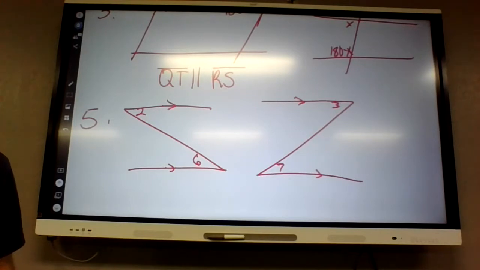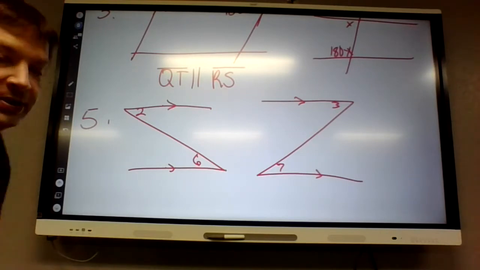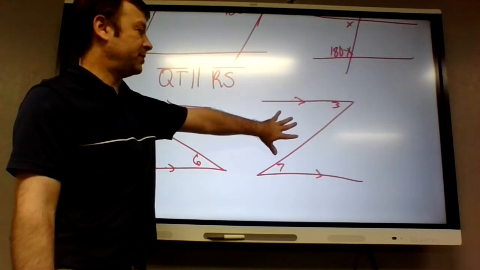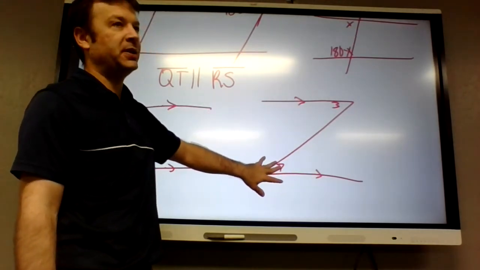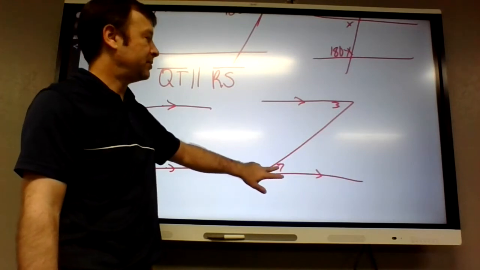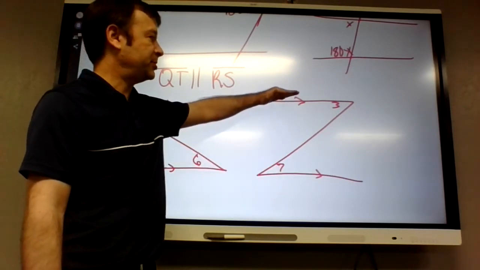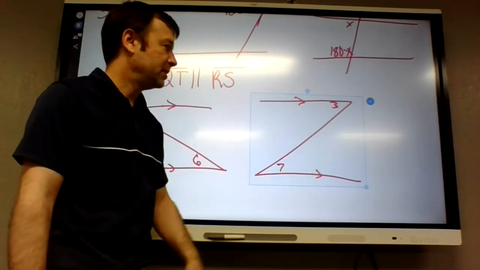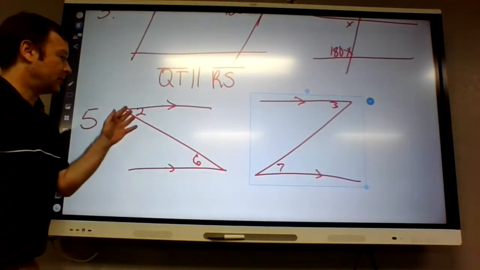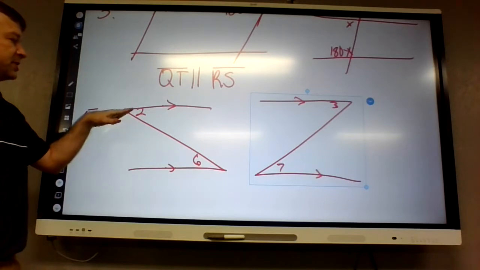Okay. Number 7, I drew angle 3 is congruent to angle 7. I drew 3 and 7 using just the lines that make angles 3 and 7. 3 and 7 are alternate interior angles between these two lines. So these two lines have to be parallel. I had already drawn 2 and 6 for number 5.